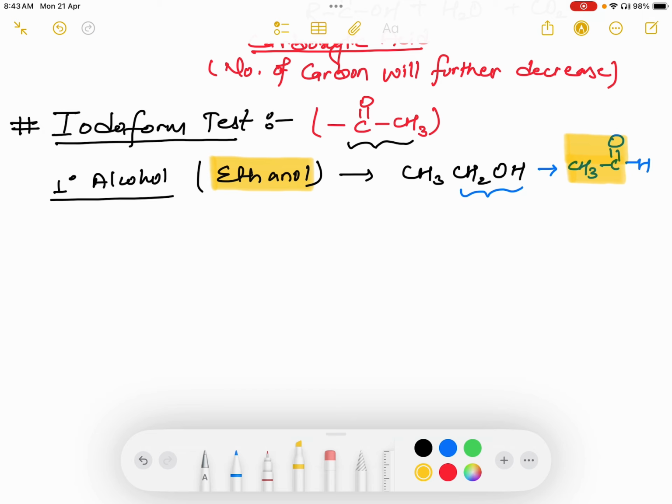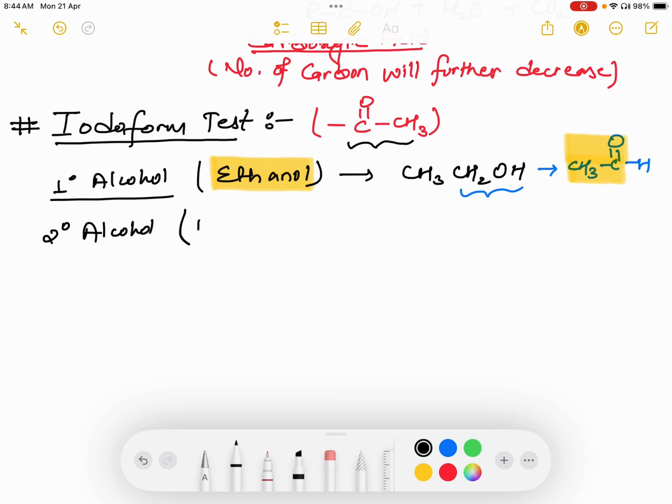Next, what I can say is secondary alcohol having a methyl group. So 2 degree alcohol, if I have 2 degree alcohol containing a methyl group, at that time also it will give you a positive iodoform test.